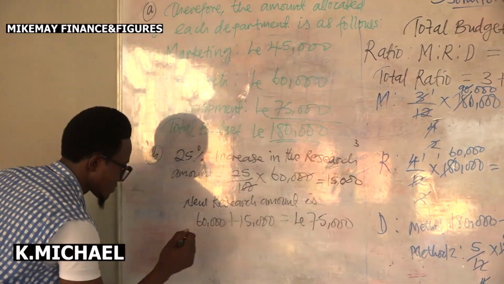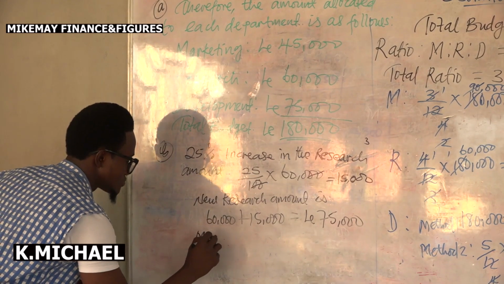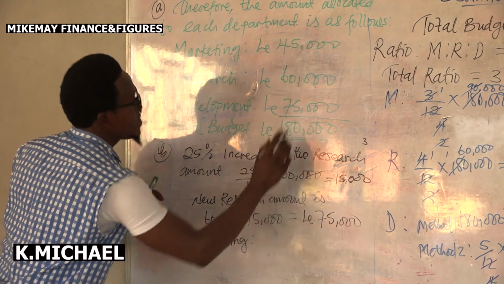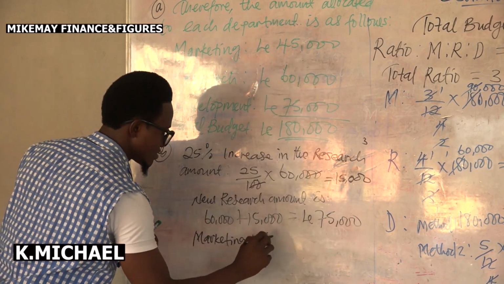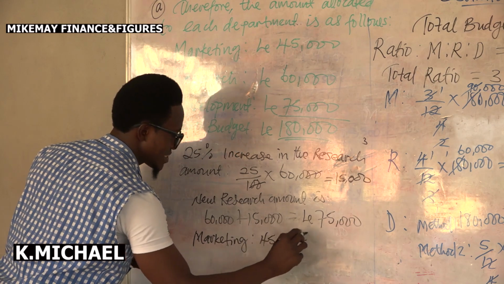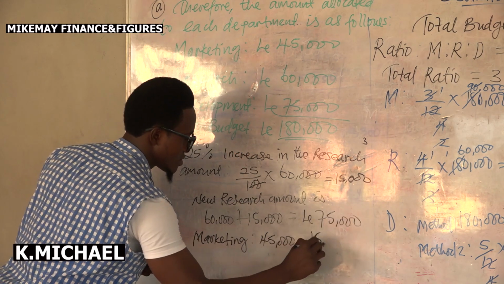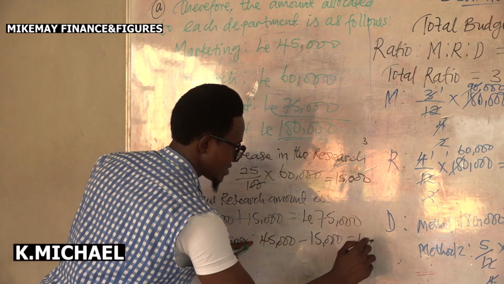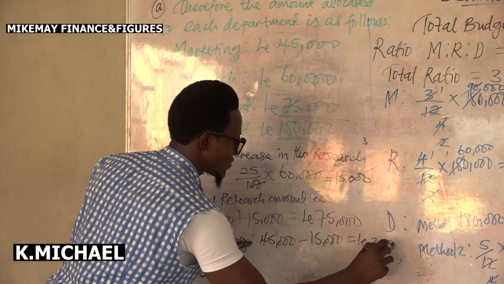So let's see. For marketing now, it will be the 45,000 less the 15,000. I am sure this should give us 30,000.